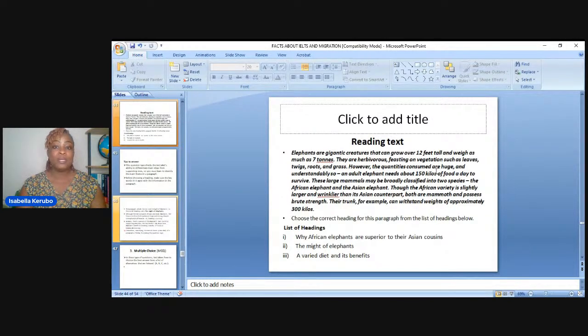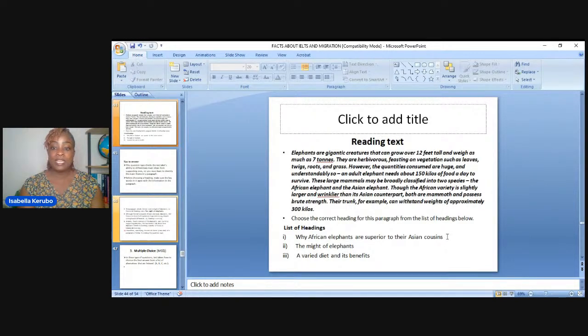So you need to be in a position to differentiate between the main theme or the main point in that paragraph and the supporting points. All right, in any paragraph, we have the main theme, we also have the supporting points. So for example, if we go through each one of these headings: why African elephants are superior to their Asian cousins.